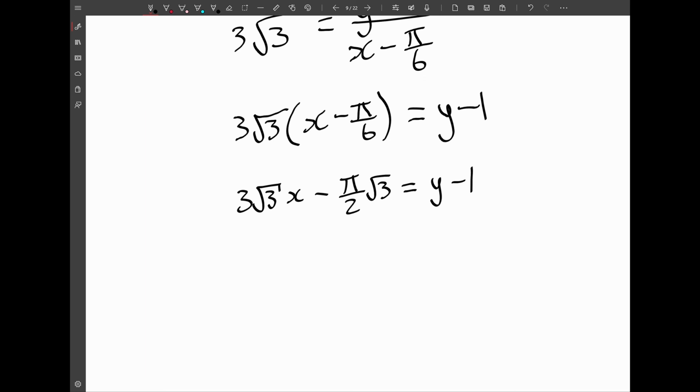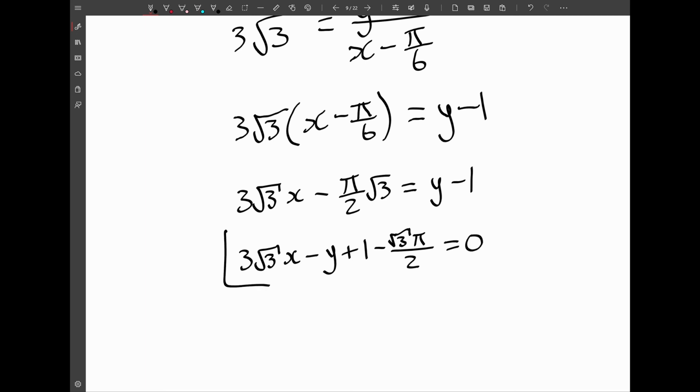Then I move everything over so that I can get my 0 value, and I get that 3 root 3 x minus pi over 2, I'm going to do this in order, minus y, plus 1 minus root 3 pi over 2, sorry, is equal to 0.